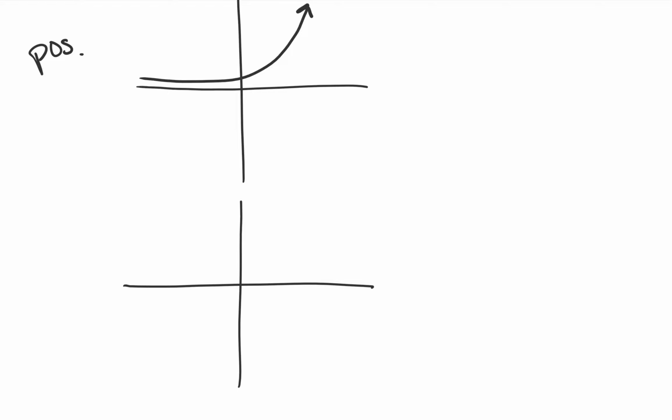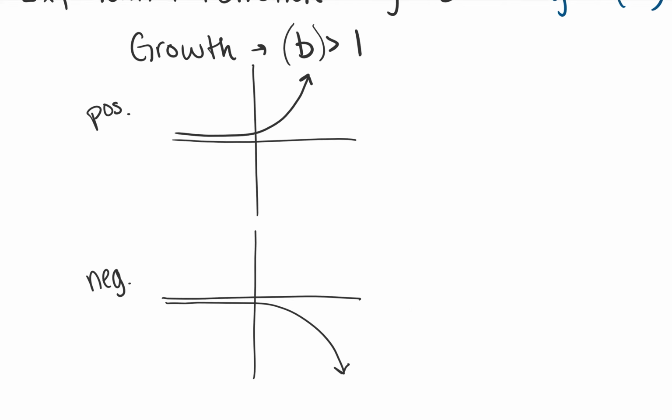Negative growth is just a mirror image of that. So I still start right below the x-axis and then I go away from it. But in both instances, notice I start right next to it and then I move away from the x-axis. That is growth. So growth is going away from 0, whether it's positive or negative, because the x-axis is 0.